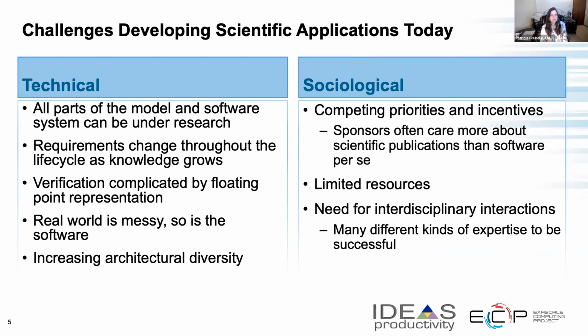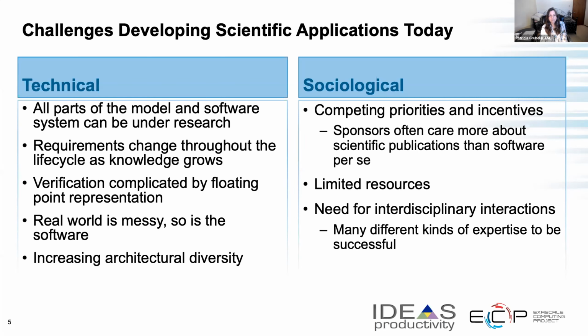So there are many challenges when developing scientific applications. The models are under research, so they can be fluid, changing as the research comes up with knowledge from them. Requirements change throughout the life cycle because our knowledge grows. And all scientific software uses floating point representation, so verification can become very complicated.